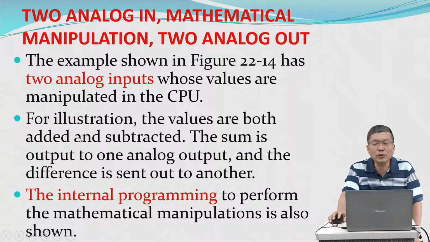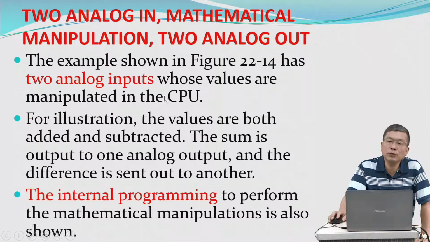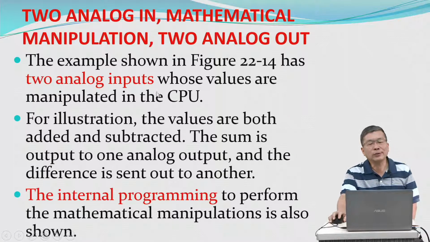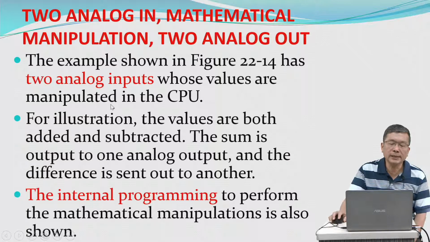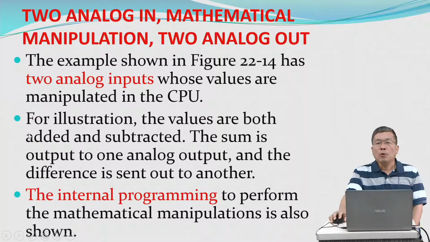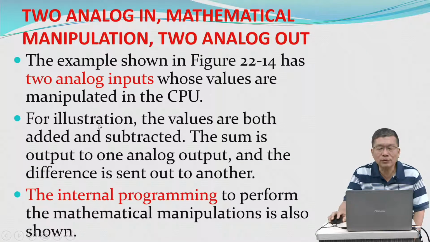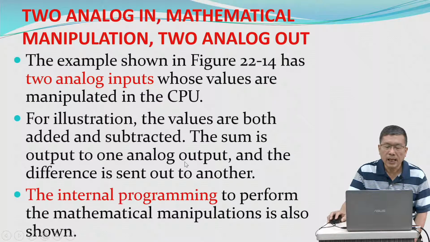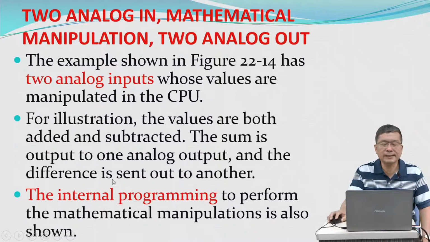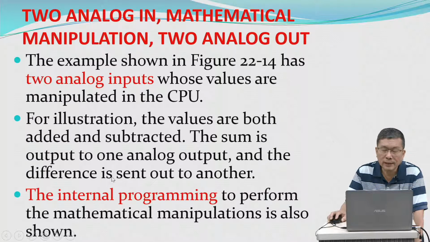This example shown in figure 22.14 has two analog inputs whose values are manipulated in the CPU. For illustration, the values are both added and subtracted. The sum is output to one analog output, and the difference is sent out to another.